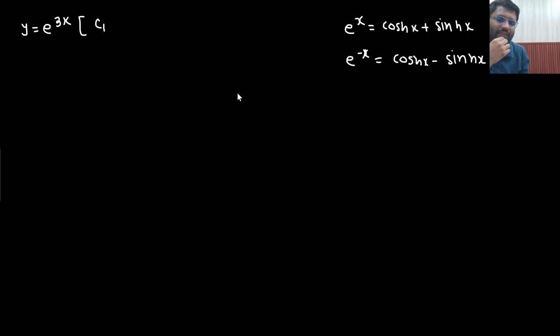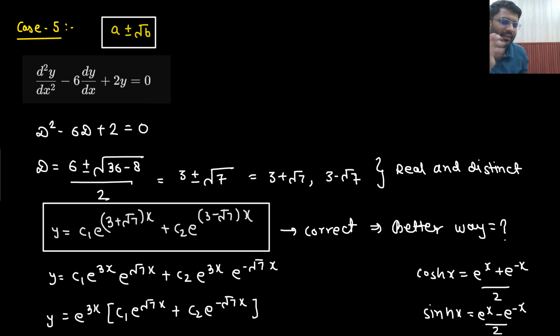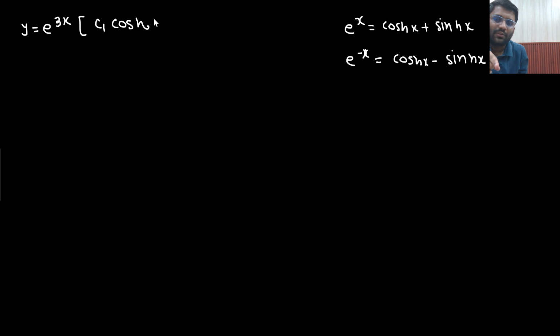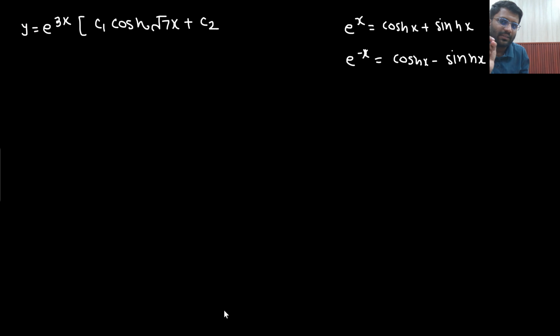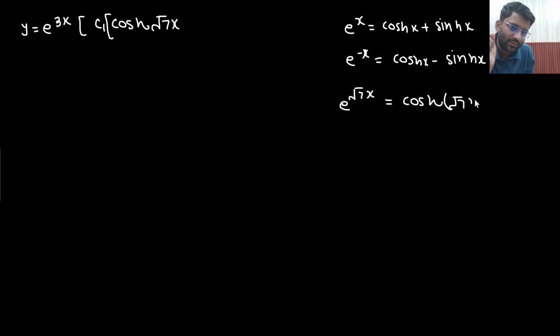In place of x this time there is under root 7x, so e to the power under root 7x could be written as cos hyperbolic under root 7x plus sin hyperbolic under root 7x.